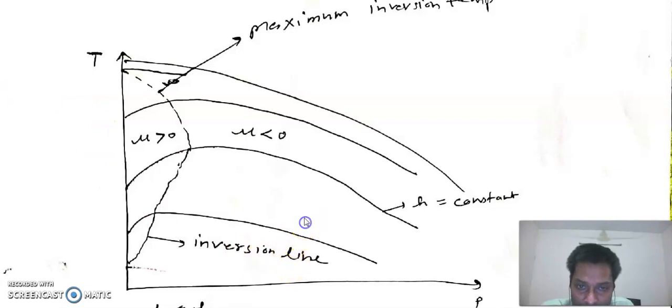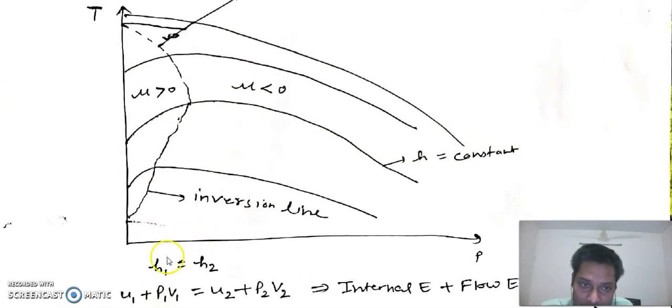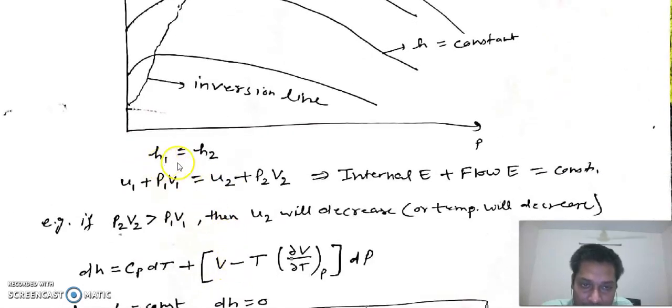So if we apply an energy balance, then for any particular line, because it's a constant enthalpy line, the energy balance will be H1 equal to H2. It means the inlet enthalpy value will be equal to the outlet enthalpy value, and the enthalpy is equal to U1 plus P1 V1.